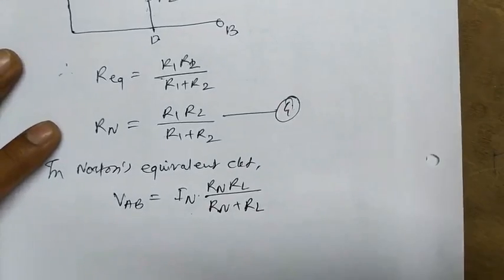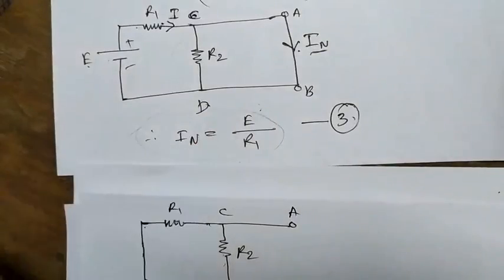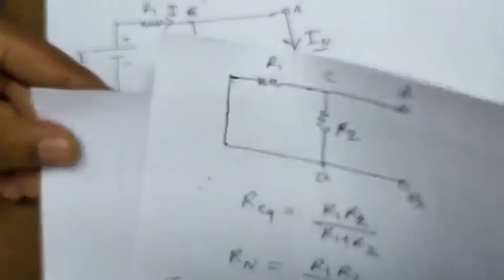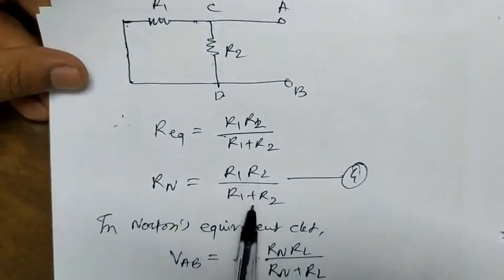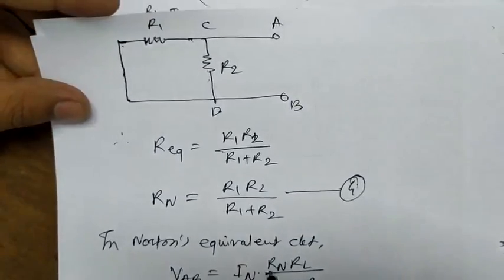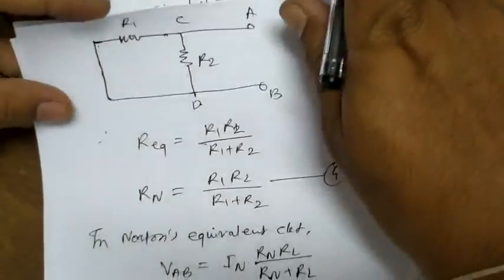Now put the values of IN. We have the value of IN here, that is E upon R1, and we also have the value of Rn here, R1 R2 upon R1 plus R2. Put these two values in this equation. Therefore what we get?